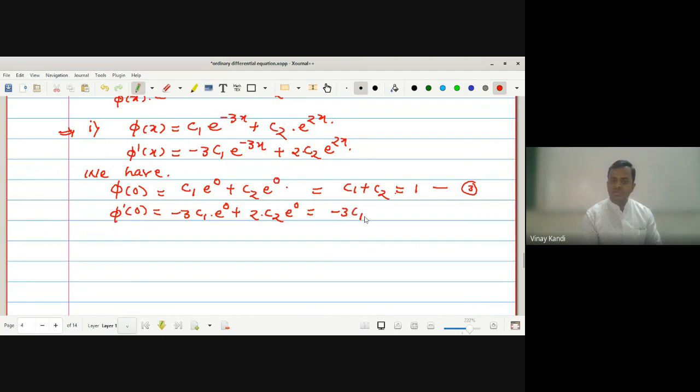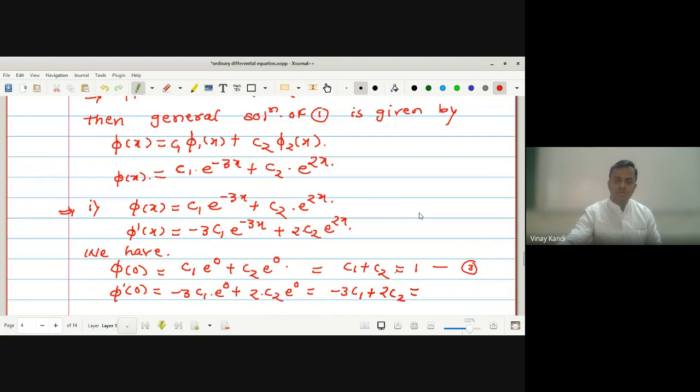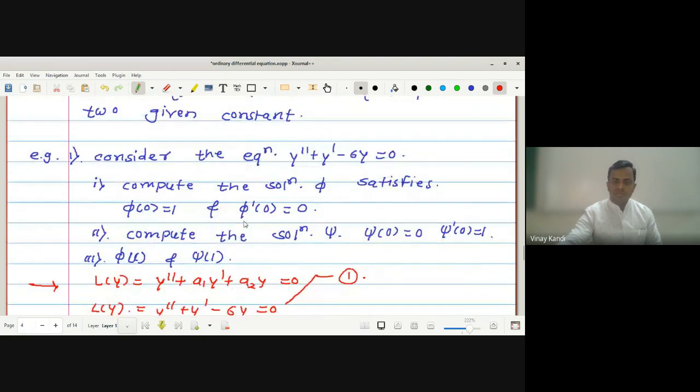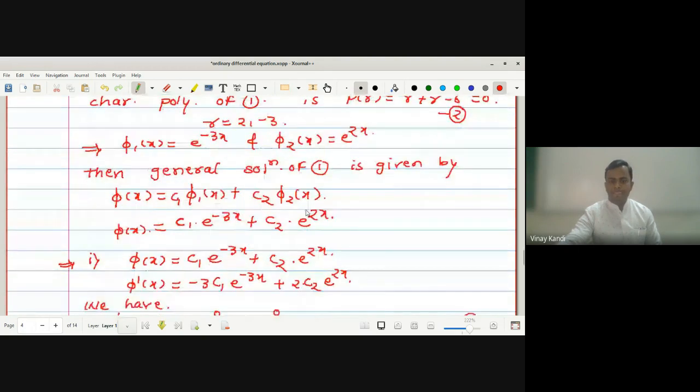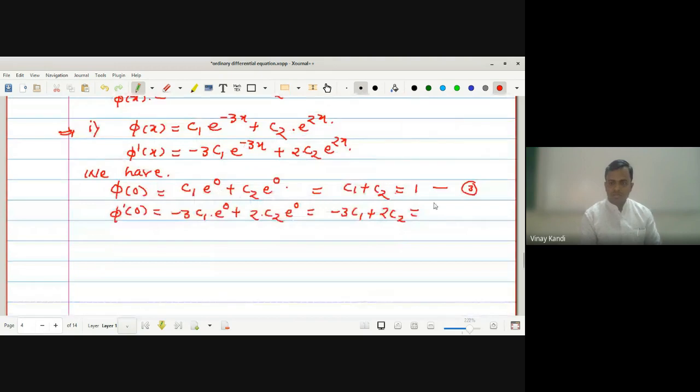Minus 3C1 plus 2C2, which is equal to the value of phi dash of 0, which is 0. Leave it as equation number 4. Now by solving these two equations, find the values of C1 and C2. Can you find them? Okay, solve. Yes, sir.